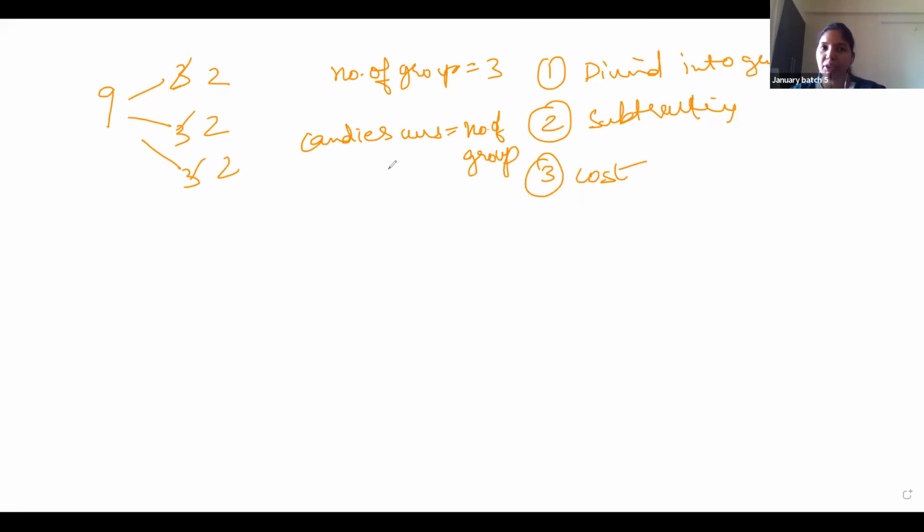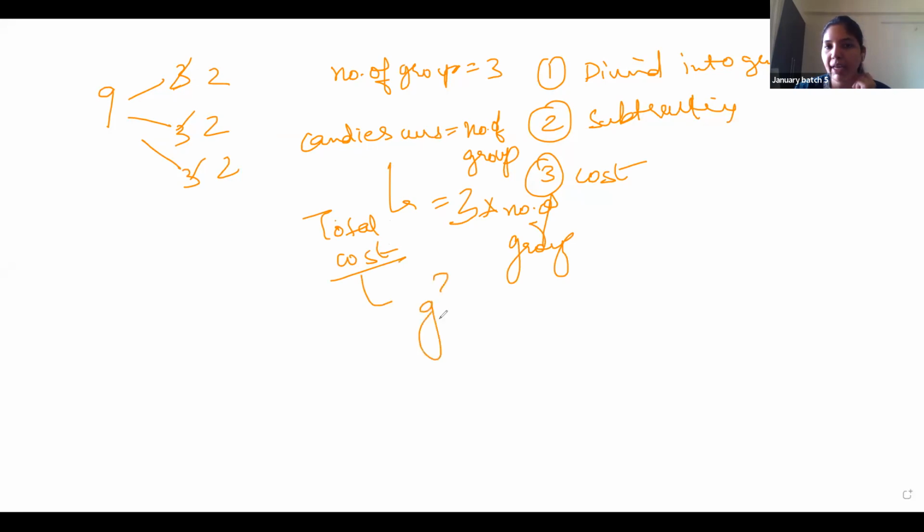And what is the cost of crushing the candies? That is also number of groups only. So can we say that total cost will be G square, where G is the number of groups, right? So here 3 square, 9.